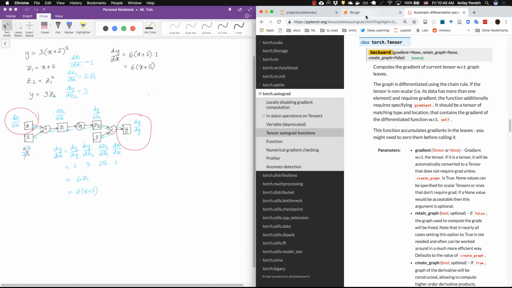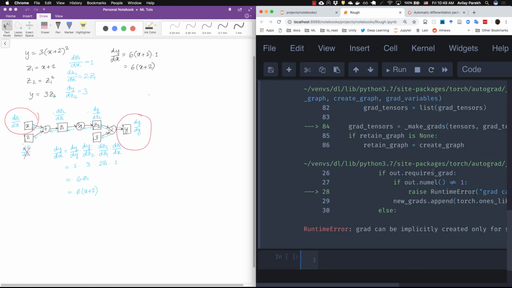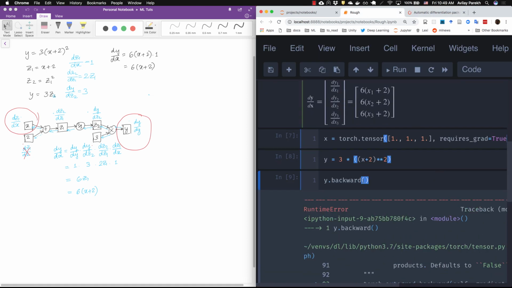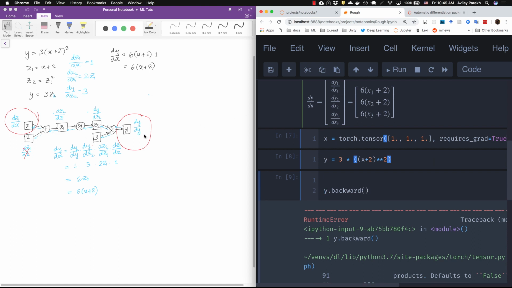So what it wants us to do is provide it with the derivative of some output with respect to y. Well, y is the final leaf node. There is no other output. So this is where we use dy/dy.